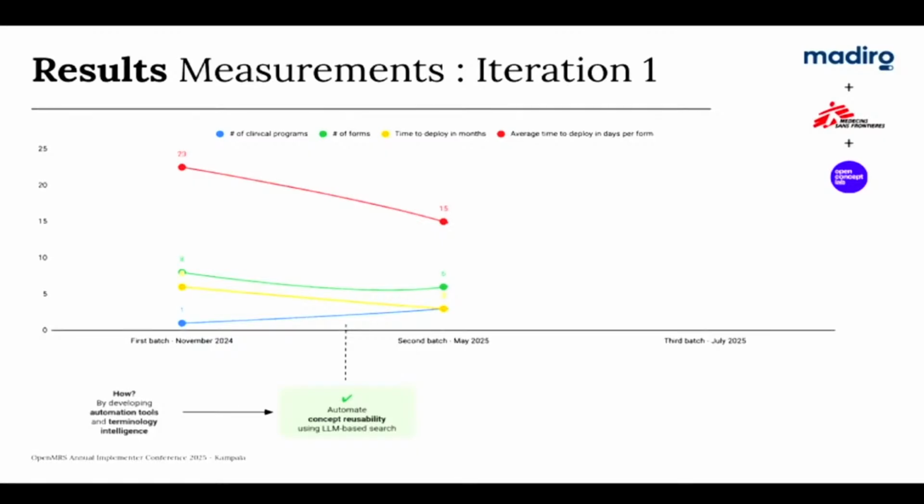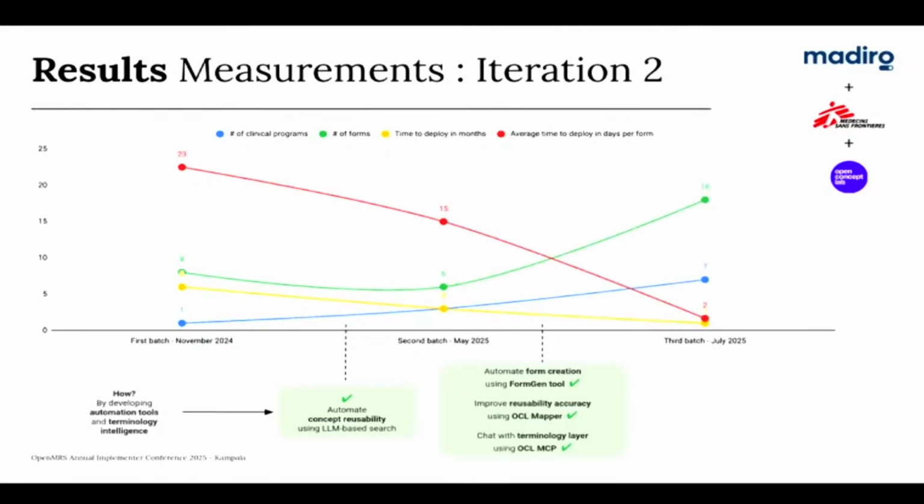That dropped the number to 2 to 3 days per form, because there was no more dependency or bottleneck, and the generation was way faster, and the mapping was way faster. So in the last batch, which was July 25, we had, like Pius mentioned, 18 forms, at about 2-3 days per form.